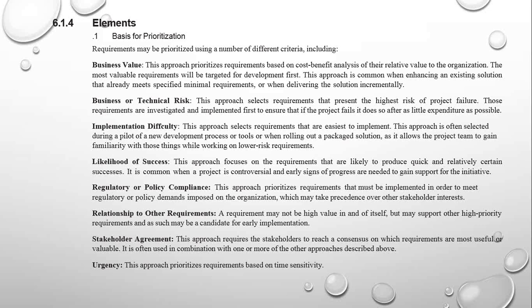Now, then we have the implementation difficulty. Implementation difficulty comes with so many things. How? Because when you are talking about it, you need to understand that if you do not know how feasible the solution would be, you cannot proceed.